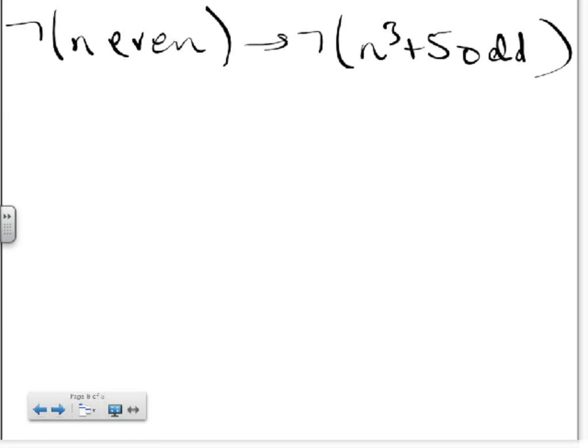And because n is an integer, I forgot to mention that, and an integer can only be odd or even, we can change this to the statement that if n is odd, then n cubed plus 5 is even.